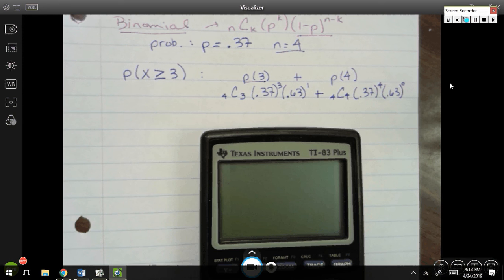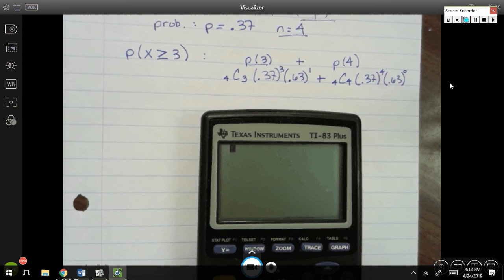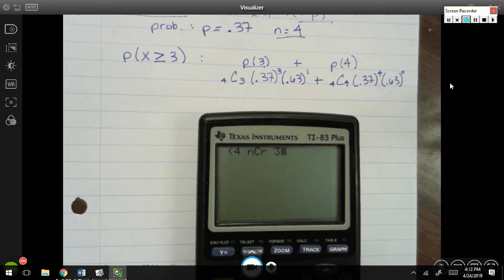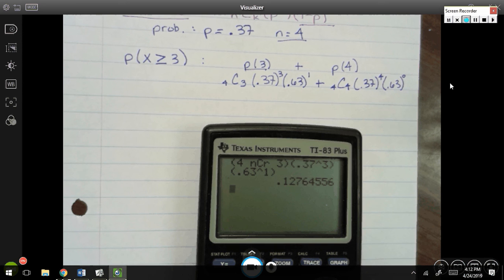So if I had 4 choose 3 times 0.37 to the third times 0.63 to the first, okay, 0.127 approximately.